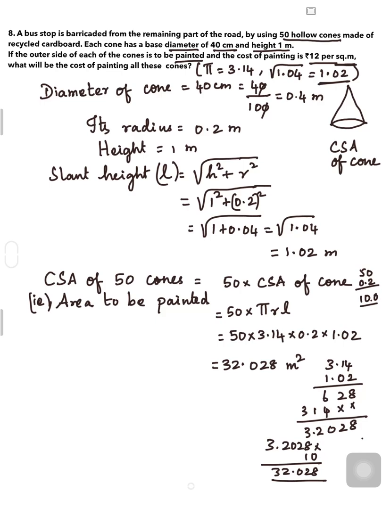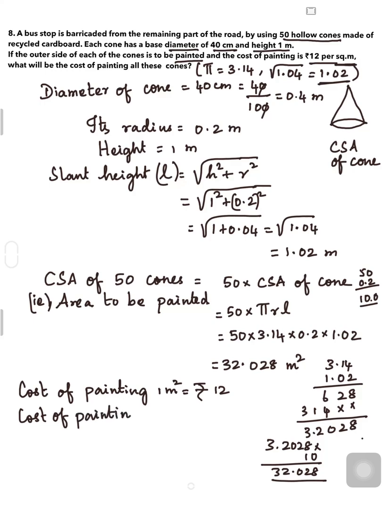And what is the cost of painting given? Cost of painting one meter square is given rupees 12. So what area has to be painted? Cost of painting 32.028 meter square is equal to 32.028 into 12.